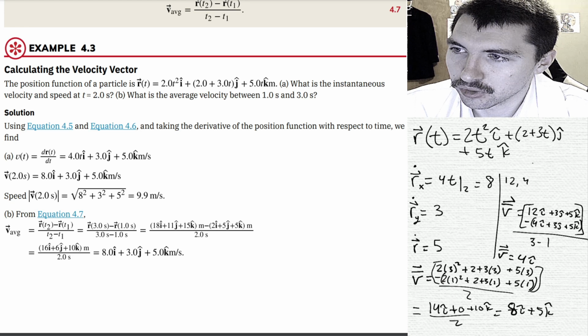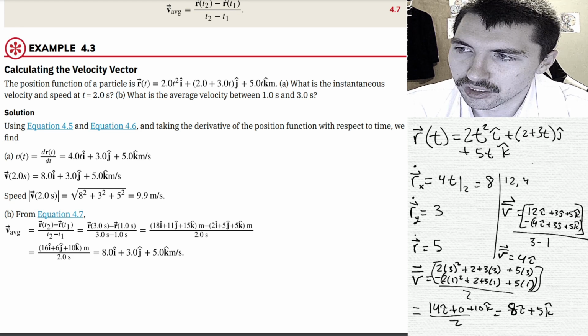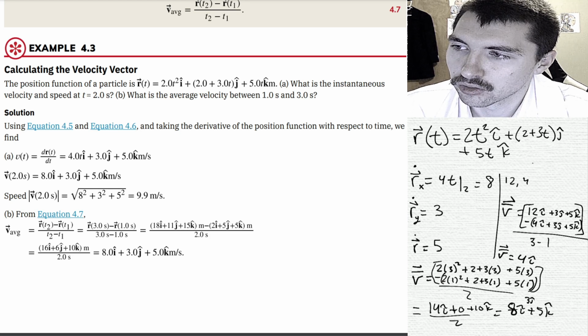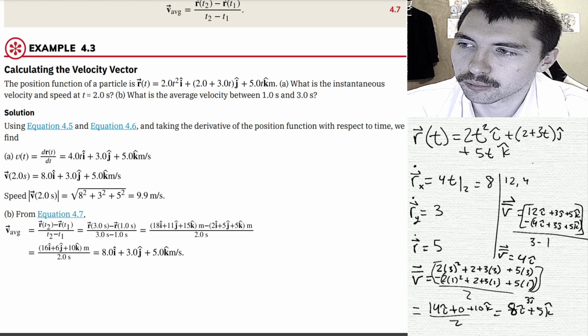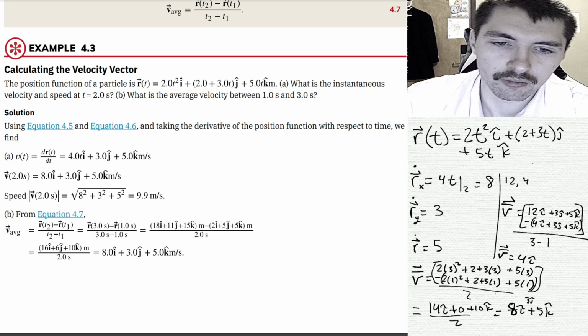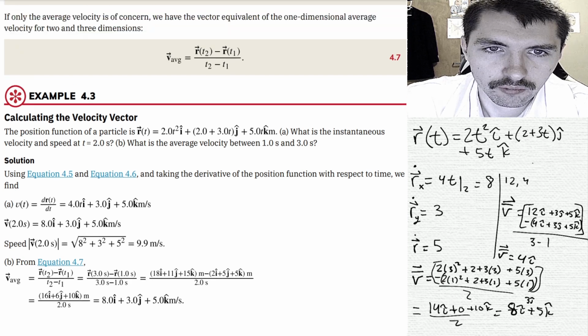So 9 plus 2 is 11. Okay, so it should have been 11 minus 5, which is 6. 6 divided by 2 is 3. Okay, and then here we got 5, so we got that right.